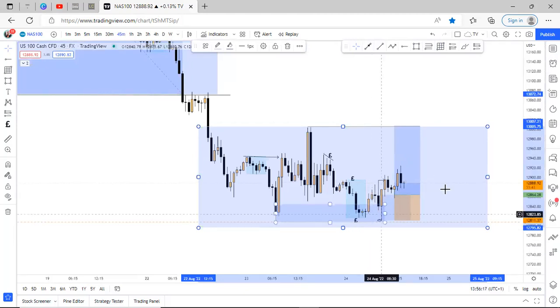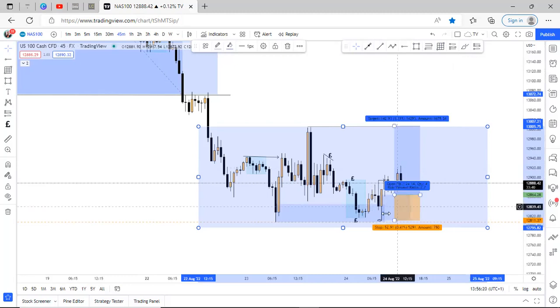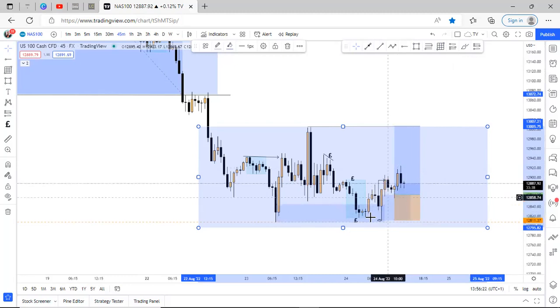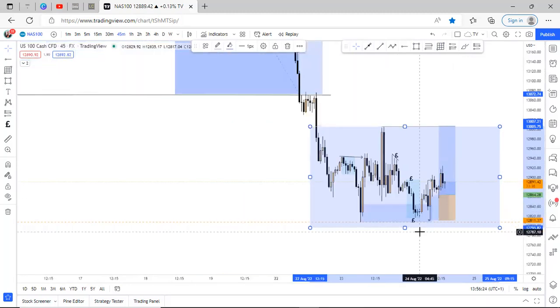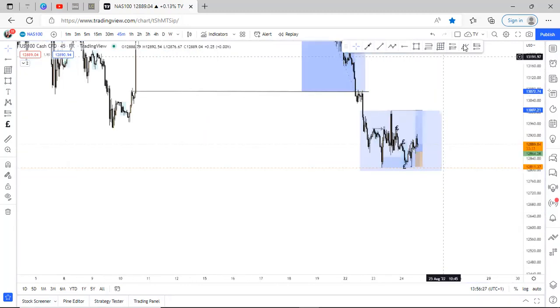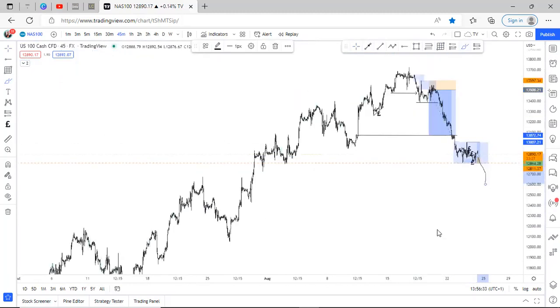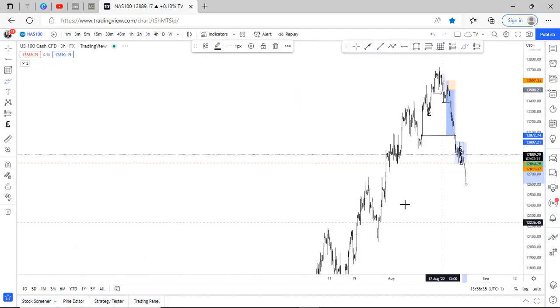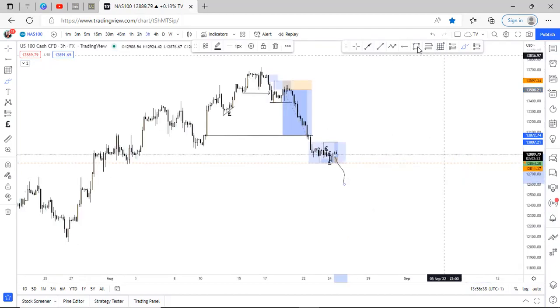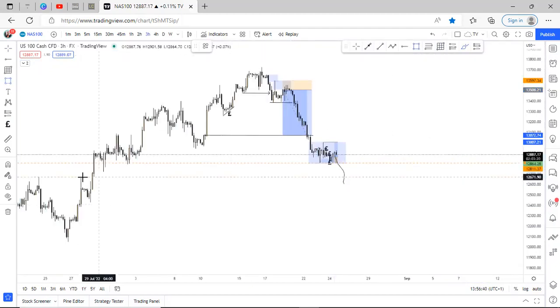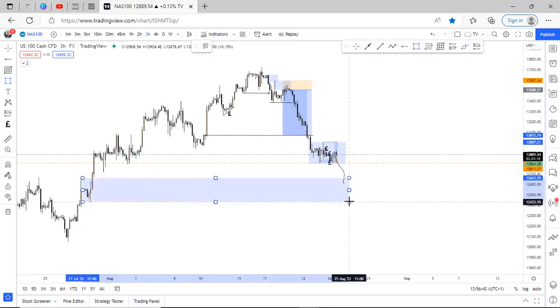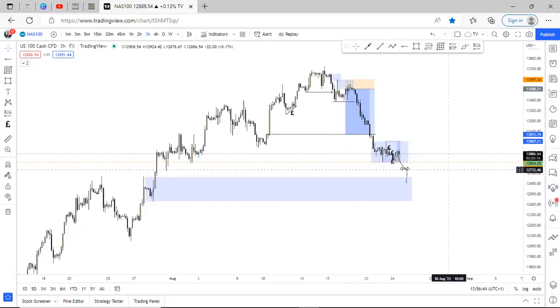But it's already a risk-free trade for me, as I am on break even on this trade right now, so I have nothing to lose if this trade should continue to the downside. And of course, we have incentive for price to push lower, because on this 3 hour time frame, we have this level of demand right here, so price could possibly still push further down into this level.